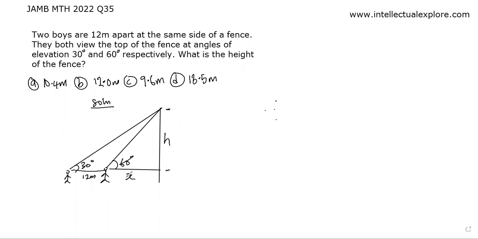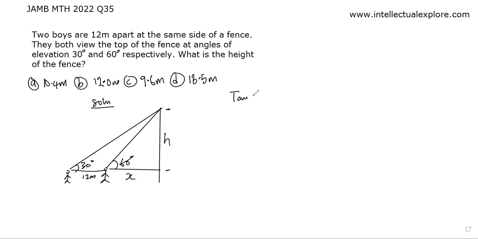So now we are going to apply some trigonometric ratios to determine the height. For the second person, with angle 60, let's look for a trigonometric ratio that relates H and X. The one I can think of is tan, opposite over adjacent.